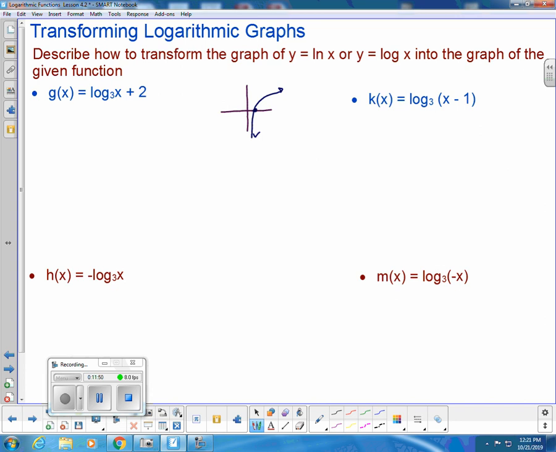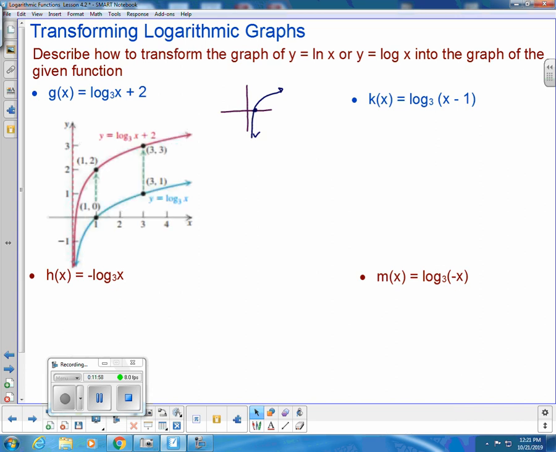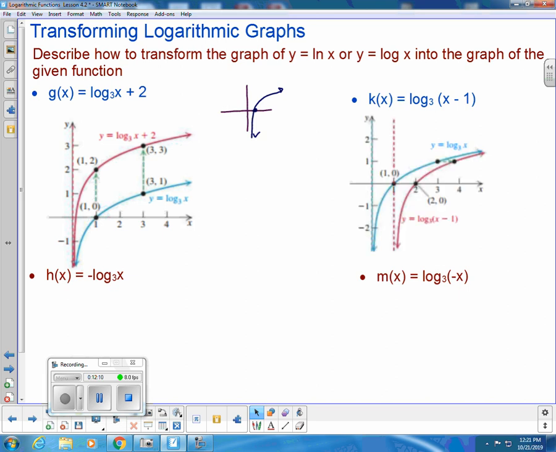Okay? So what's going to happen to that graph when I add 2 to the equation? It's going to go up 2. Right? You have to be able to describe that in words. And how about the one on the right there? Log of x minus 1 base 3. It's going to move to the right 1, right?